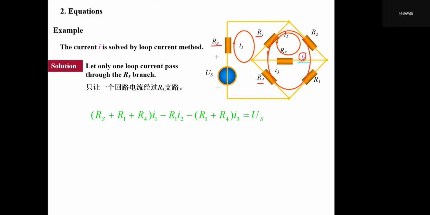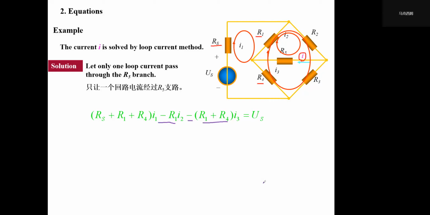All three loops are circling clockwise, so their mutual resistances must be negative. The first loop has one boundary resistance, R1, in common with the second loop, and two resistances, R4 and R1, as boundary resistance with loop 3. And this is for loop 1.